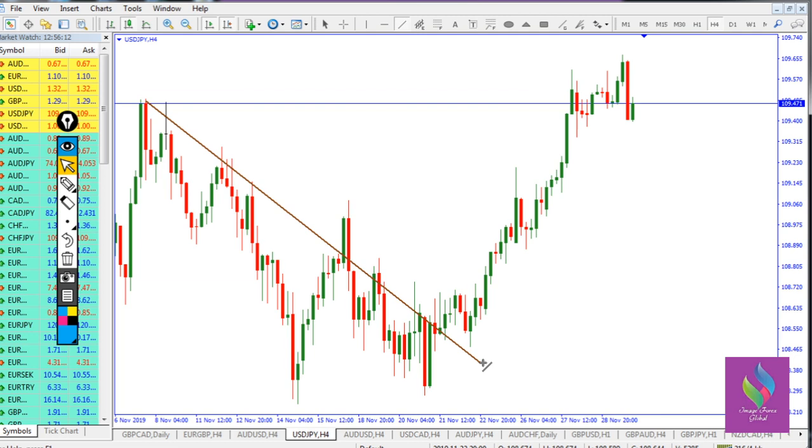So why was the trend line not valuable? What happens right here? If I had drawn my trend line and connected my tops alone, would that have given me enough information?